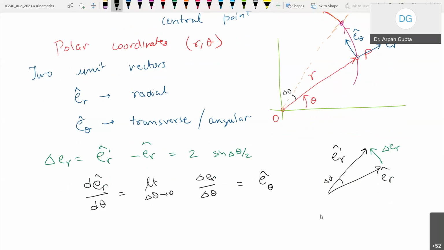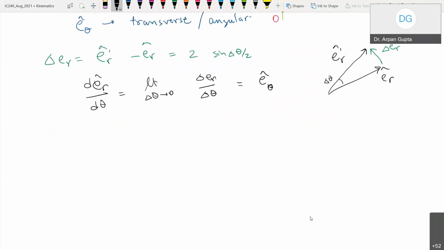So this will be your unit vector along the transverse direction, and therefore that is going to be your e theta cap. This is an important relation that we need.